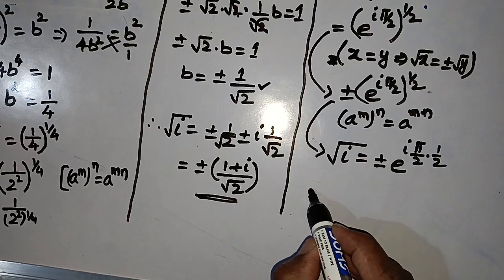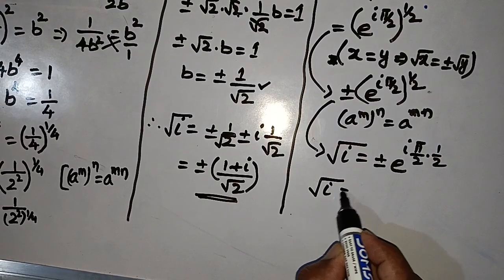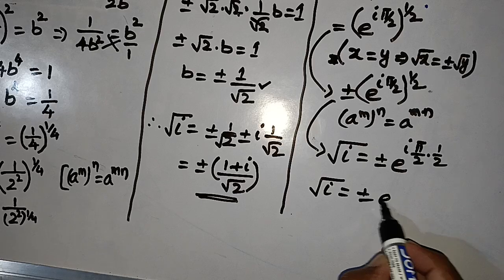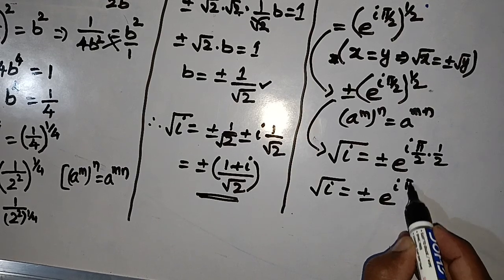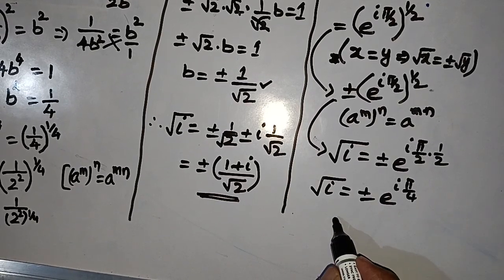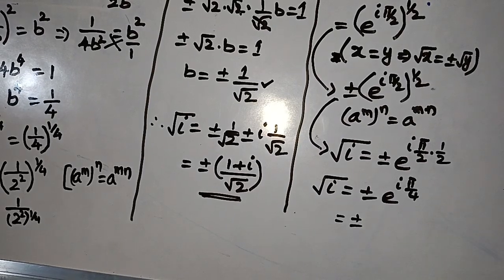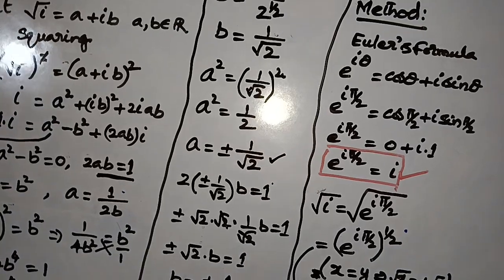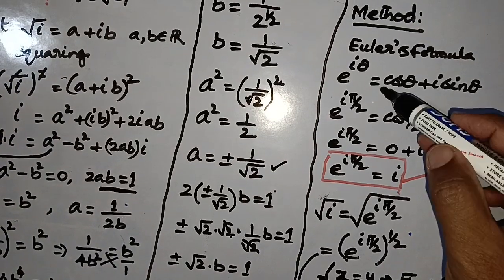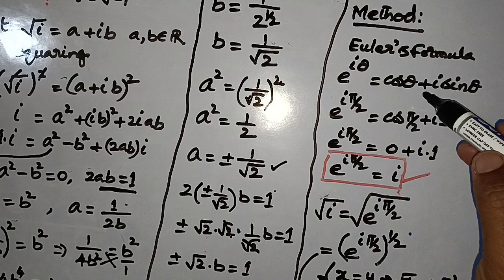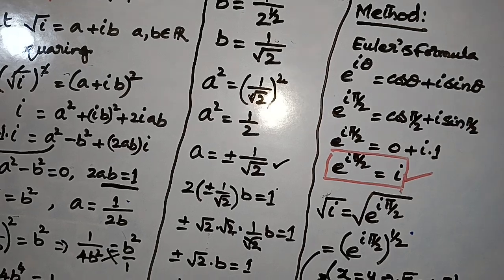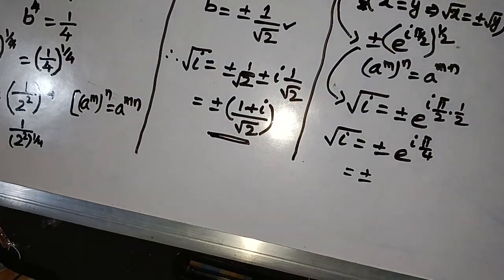So further it gives root i is equal to plus or minus e to the power of i pi by 4. So this is equal to plus or minus e to the power of i pi by 4. According to Euler's formula, it is e to the power of i theta is equal to cos theta plus i sin theta.